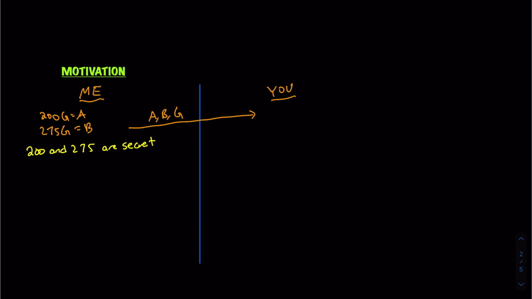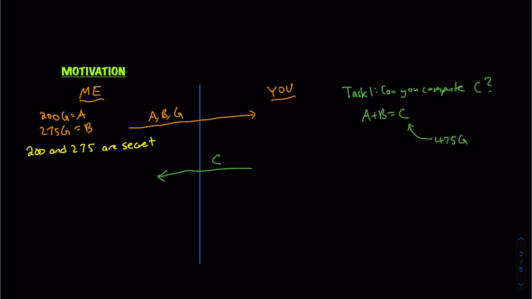Okay, so now you have G, A, and B, and then I ask you, can you compute C for me? You actually can compute C by doing A plus B and returning the value of C to me. So that's pretty crazy because you can do math and return a correct answer without even knowing these underlying secret values. And this is all possible because of homomorphism under addition.